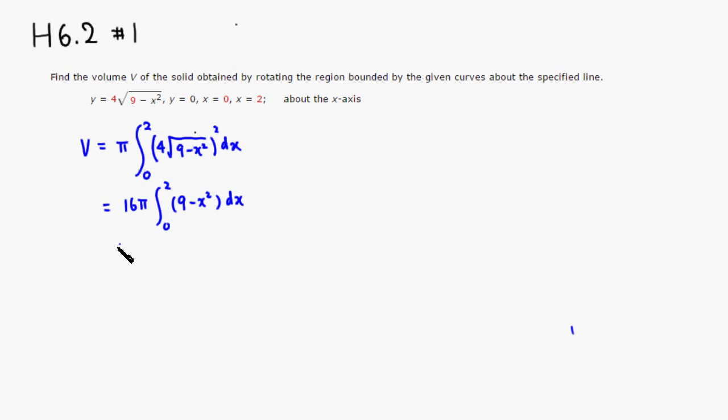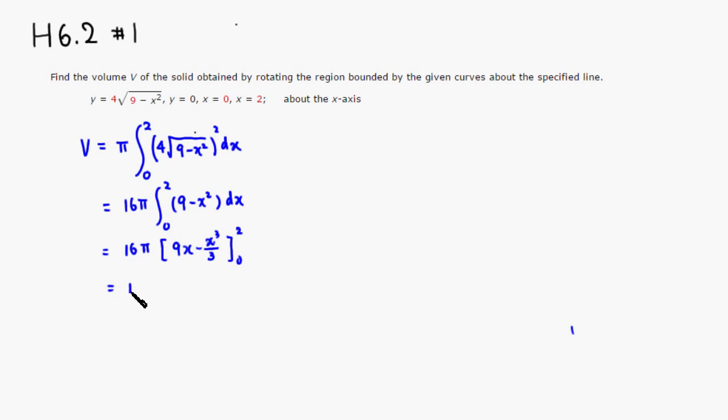Then we can take the antiderivative. 16 pi is just a constant. The antiderivative of 9 is 9x, and the antiderivative of x squared is x cubed over 3, going from 0 to 2.